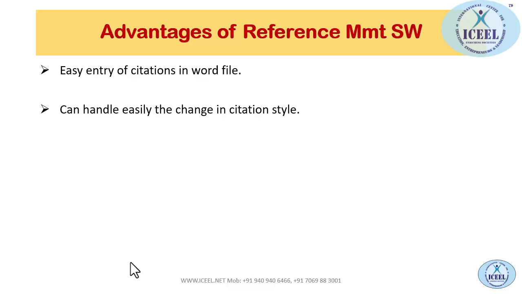You can handle easily the changes in the citation style from APA to Harvard, Harvard to Chicago, maybe from Chicago to some other style. It is very easily navigable. You can organize the references easily. It's very important, mind well. Rather than citations also, we are management scholars. Many times I asked my guide which particular software he uses. He told me that he is doing it manually, because we are accustomed to the APA style only.